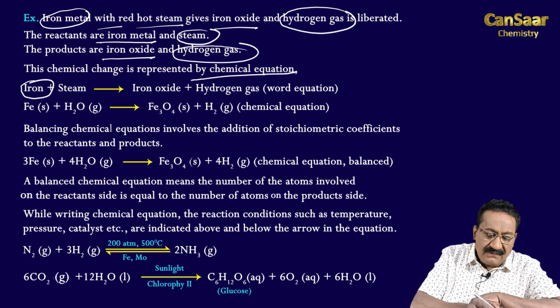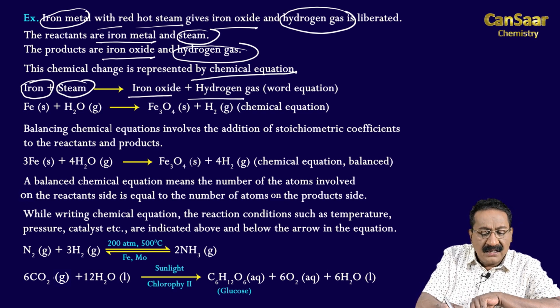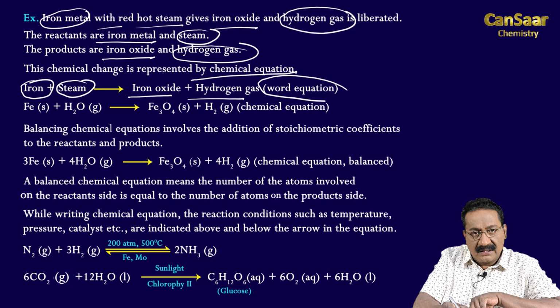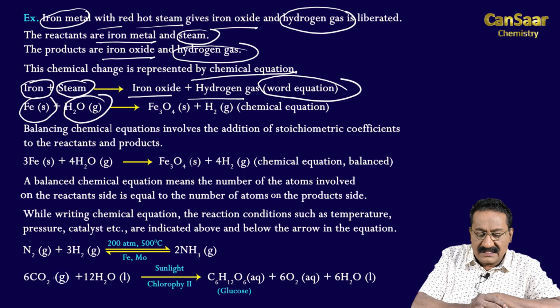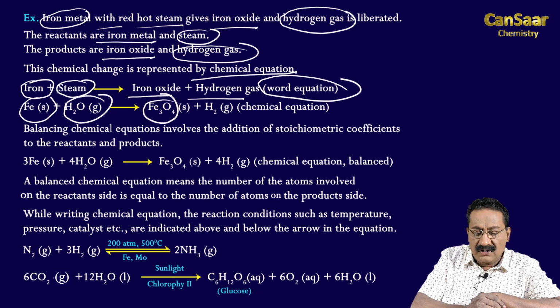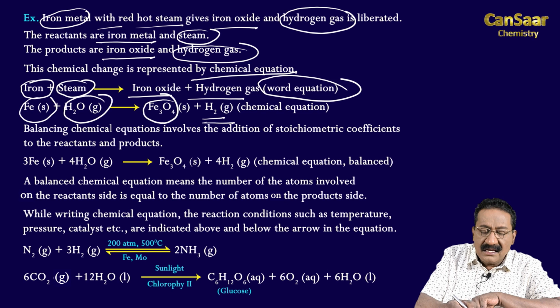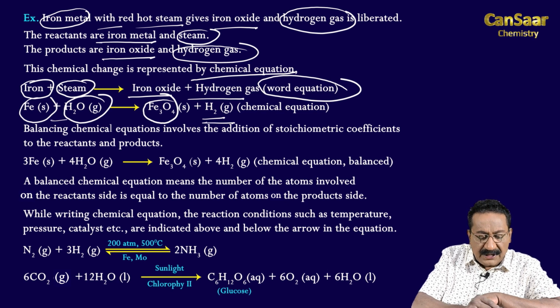Iron metal with steam gives iron oxide and hydrogen gas is liberated, the word equation. Here iron solid with steam, H2O gas. The products are iron oxide, Fe3O4, and H2 gas is liberated. This representation is called chemical equation.